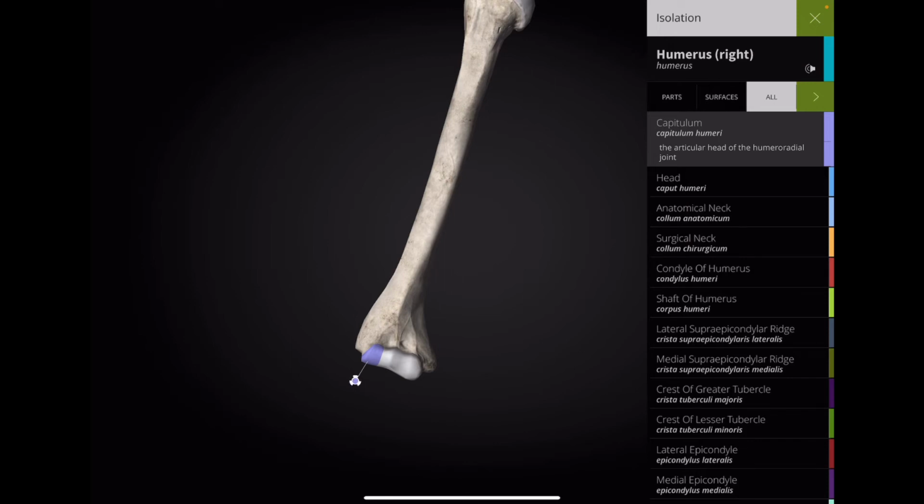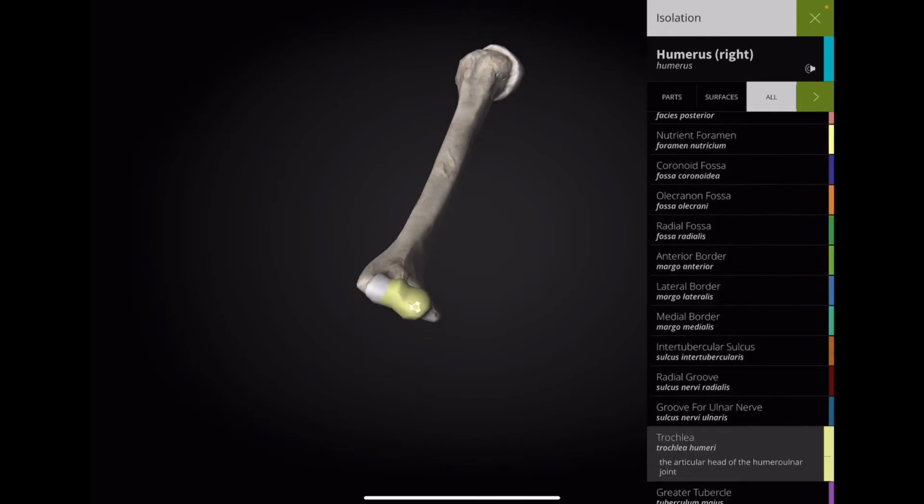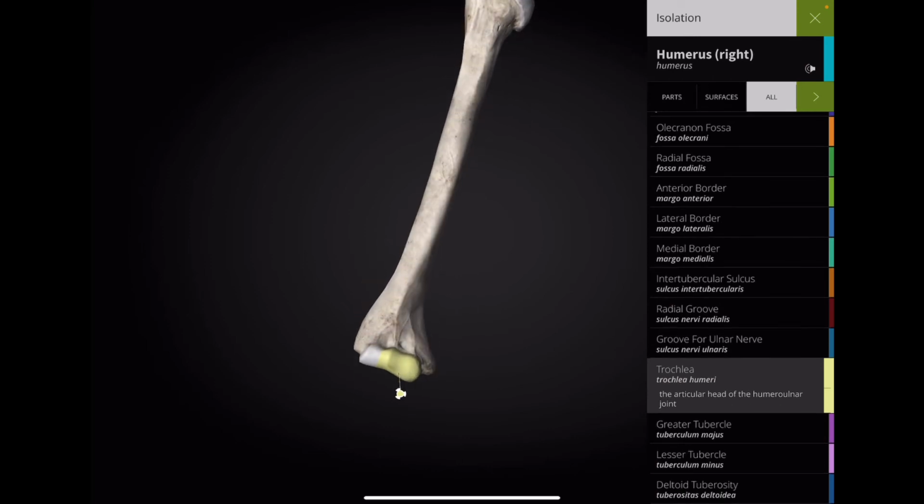So the radius joins together with the humerus by using the capitulum. While the structure called the trochlea is the articular head for the humeral ulnar joint. So it's the connection between the humerus and the ulnar bone.